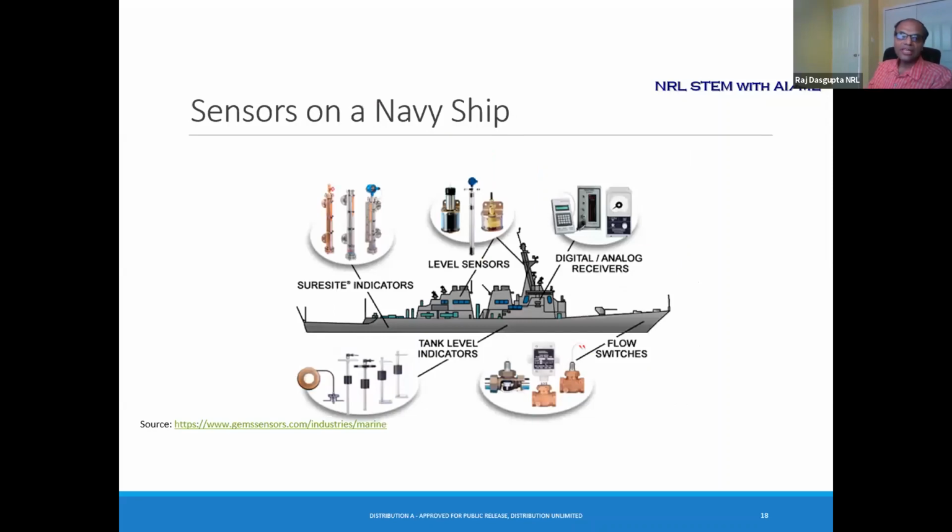Now I work for the Navy, and in the Navy, we mainly work with ships and submarines. And on the ships, there is an array of sensors that are used. So these are some examples of common sensors. You have depth sensors, level sensors, tank level indicators on the ships, a wide array of communication sensors, radar, flow switches on the ship, and so on. And this is just a smaller diagram.